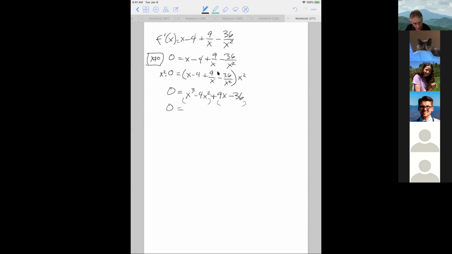So if I take the x squared out of the first two, what do I have? x minus 4. And then the second part, if I factor out that 9 I saw was common, I'll end up with x minus 4. Right now, you can tell that this factors nicely.